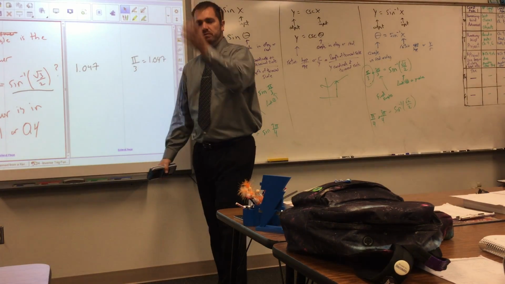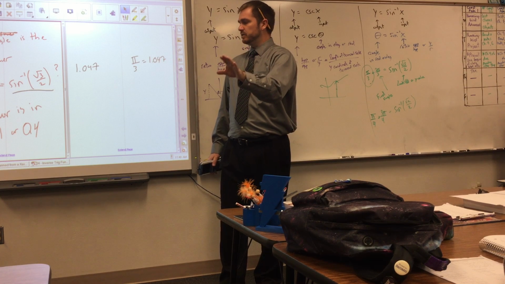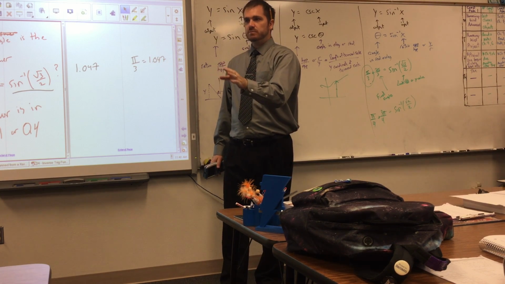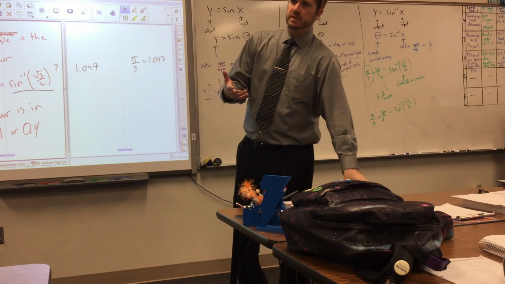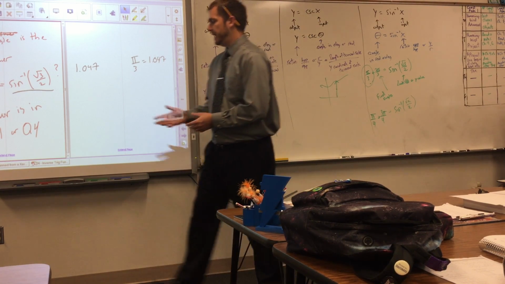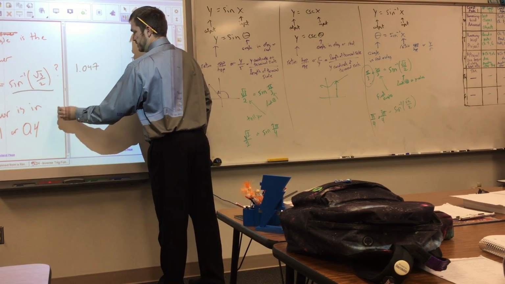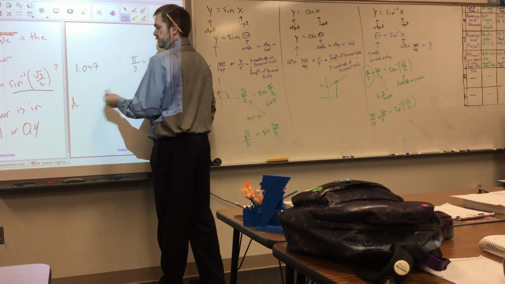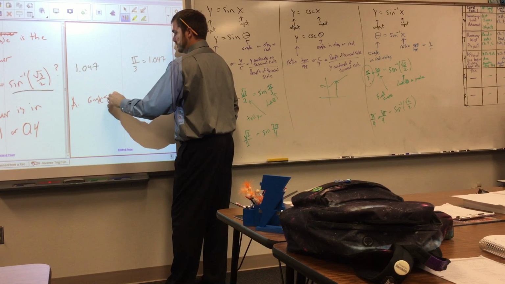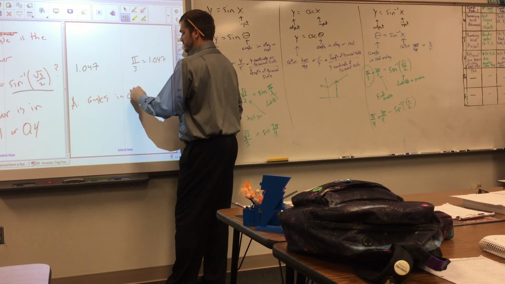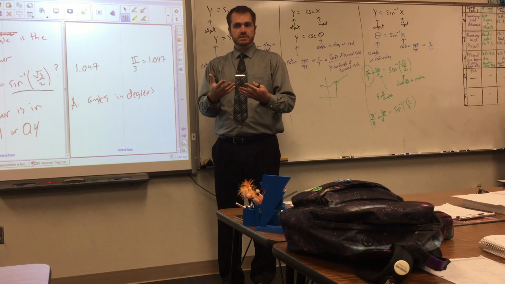Okay. Now, just out of curiosity, if I were to tell you I only want angles in quadrant 1 and quadrant 4, let's give me in degrees just to make it simple. How would you describe that answer in degrees?